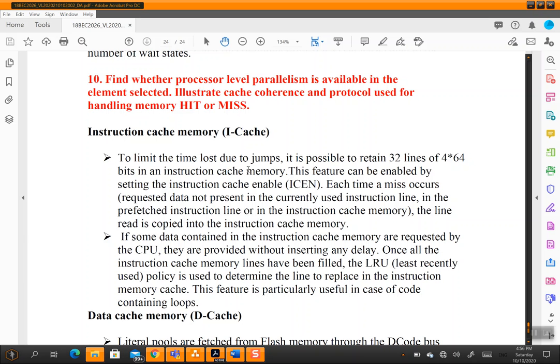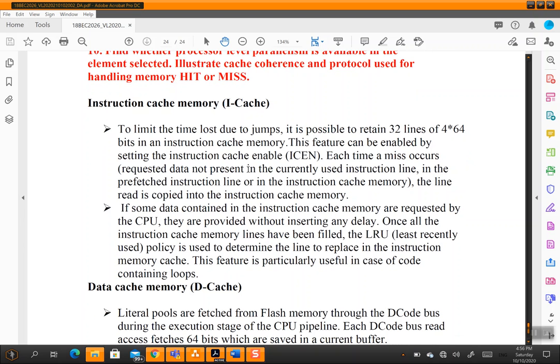This feature can be enabled by setting the instruction cache enable bit, ICEN. Each time a request for data is not present in the currently used instruction line, the previous instruction line, or the instruction cache memory, the line read is copied into the instruction cache memory. In short, that's the instruction cache memory, used to limit the time lost due to jumps.